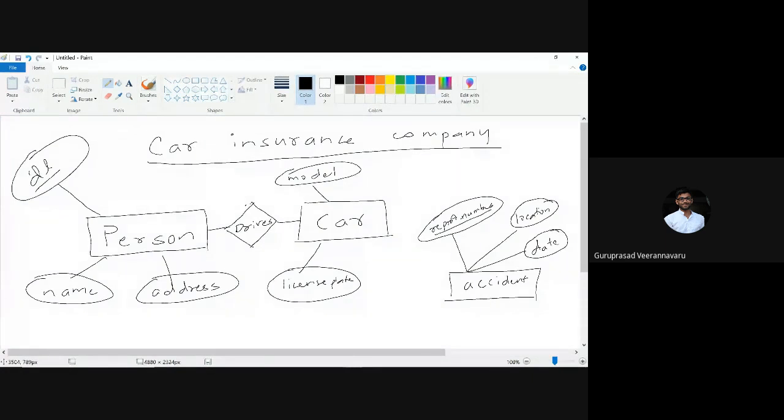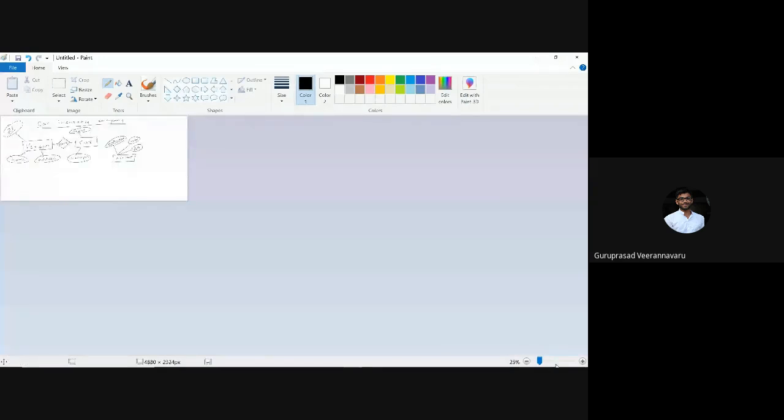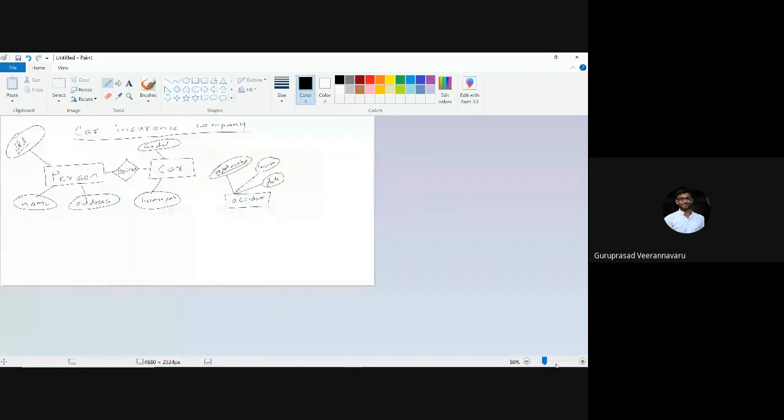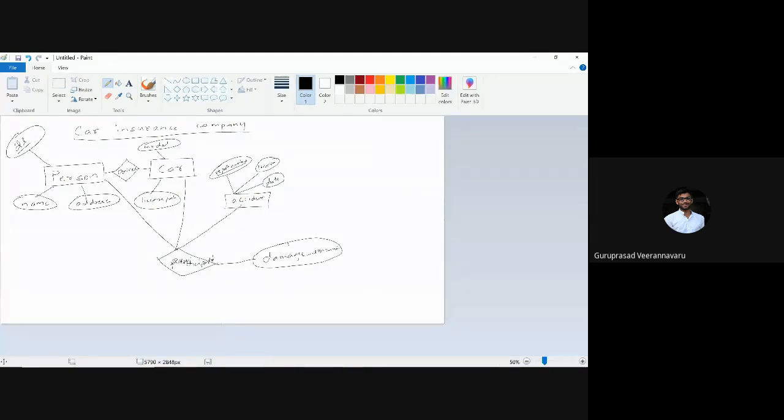So all these three together will lead to an accident happening. This person as a driver, this car, this accident, they together participated in this accident, and out of it you have a damage amount.